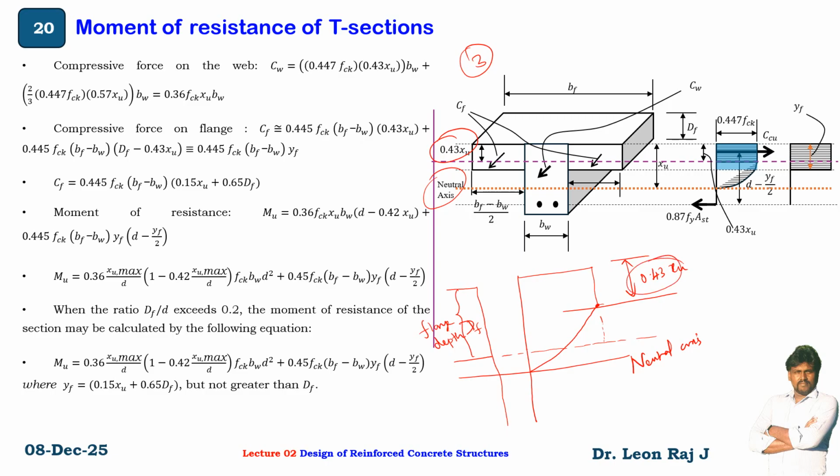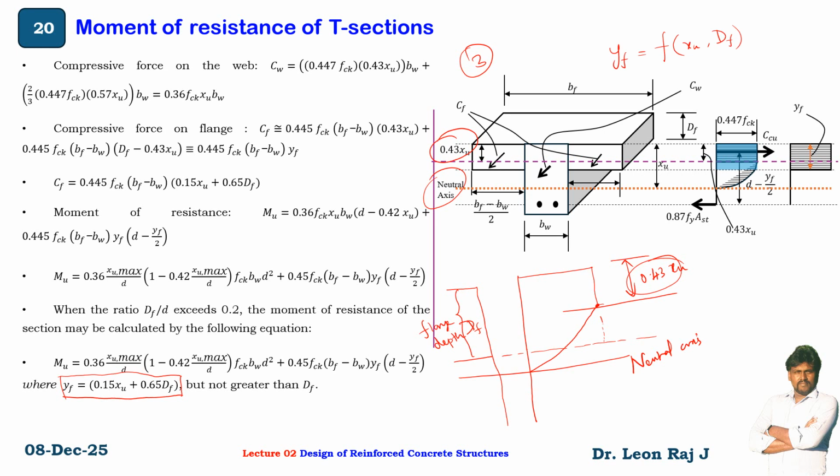In that case, Yf is equal to 0.15 Xu plus 0.65 Df. So Yf is a function of Xu, the depth of the neutral axis, and Df, the depth of the flange.